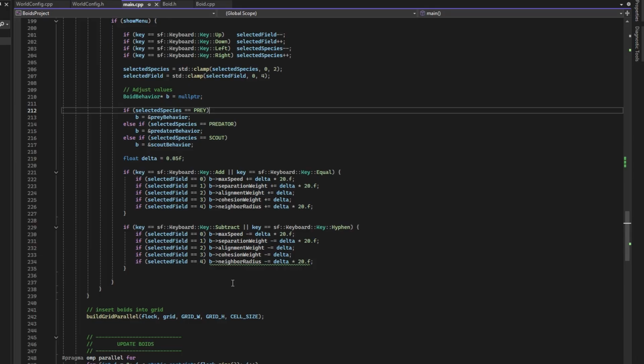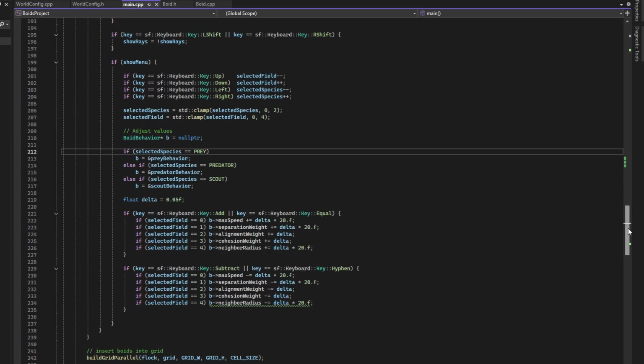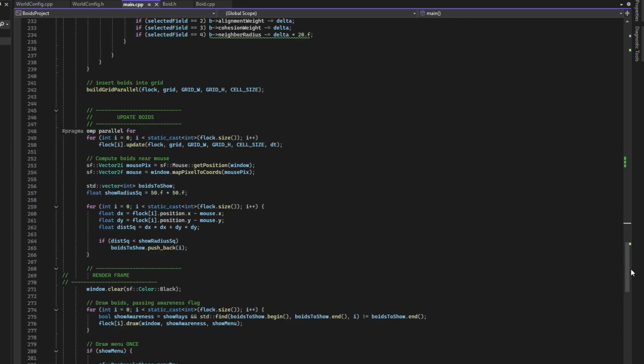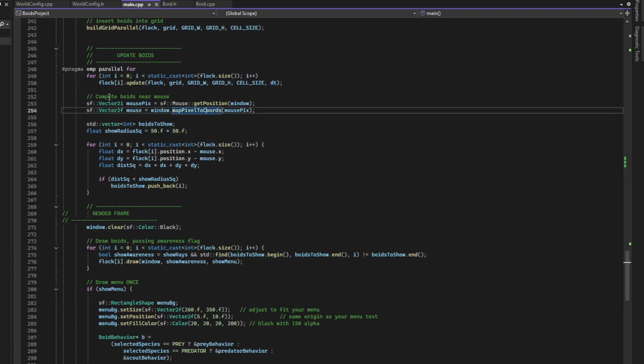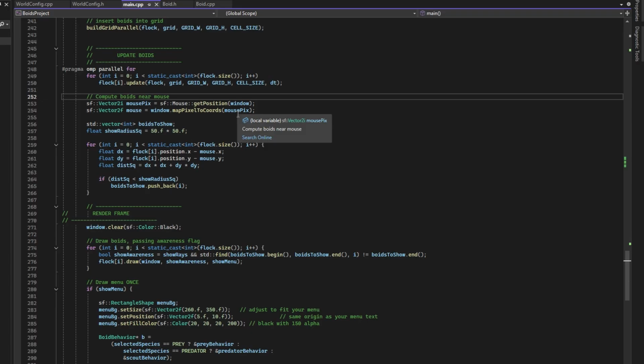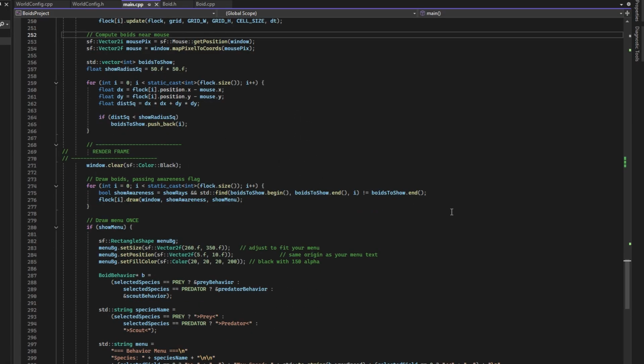And so this is the backside of the menu, and this is putting the Boids into their groups. This is passing all of the relevant info. They need that delta time so that they act right. This I use so that we're only looking for the awareness rays. When awareness rays are turned on, it's only near the mouse in a 50 pixel radius around the mouse.